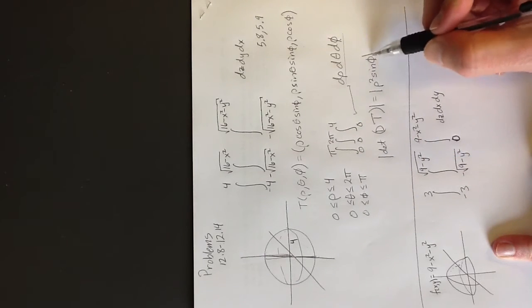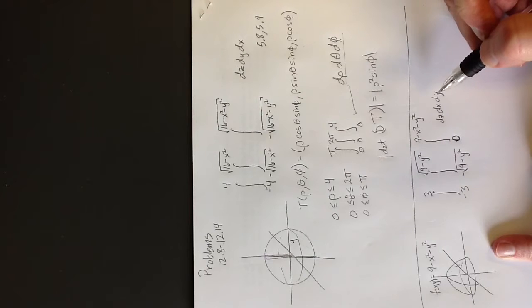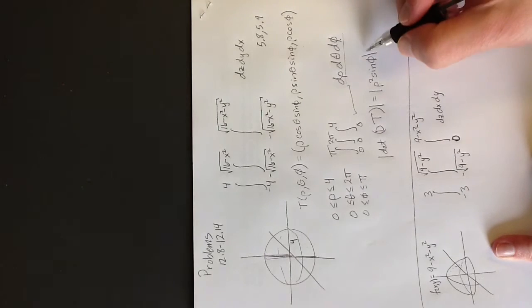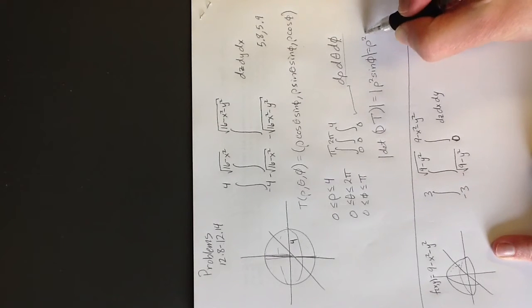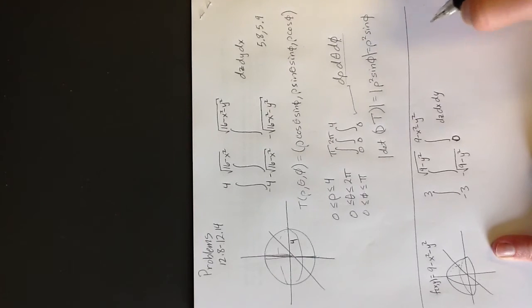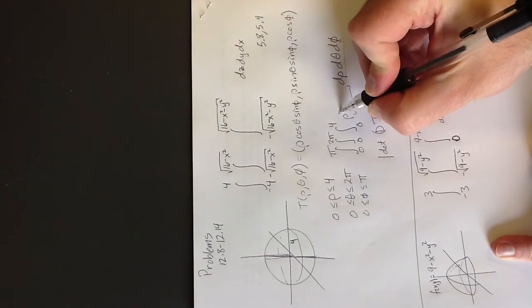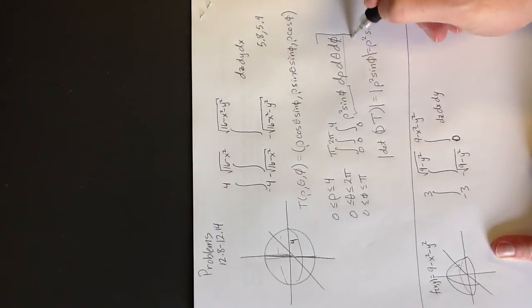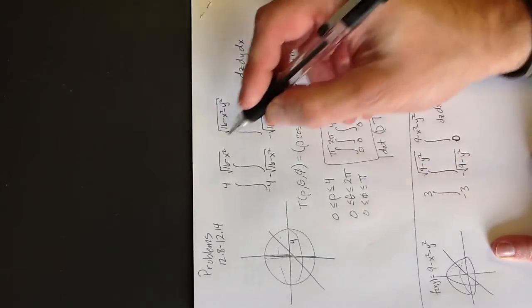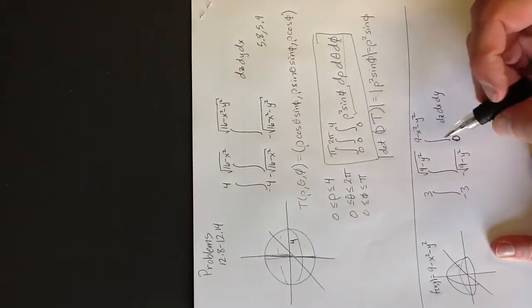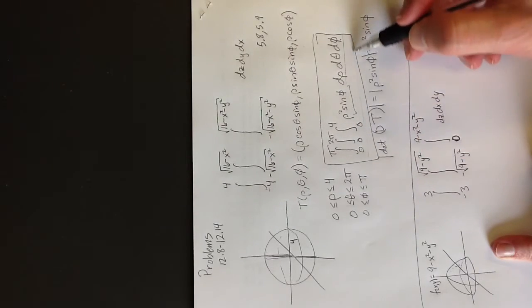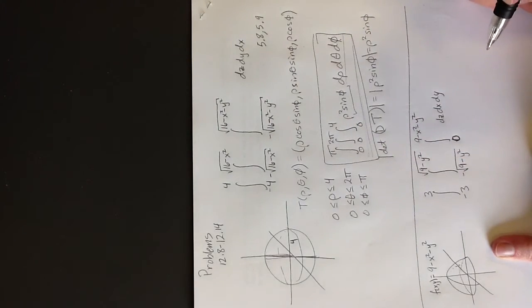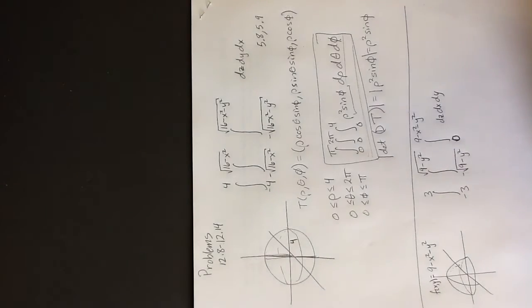If phi is between 0 and pi, then sine of phi will be positive. Rho squared is always positive, so we can drop the absolute value signs here in our problem. And so we get rho squared sine phi. And so we get that this integral is equal to this really nasty integral up here. I'd much rather do this integral down here. The problem is much more naturally described in terms of spherical coordinates.